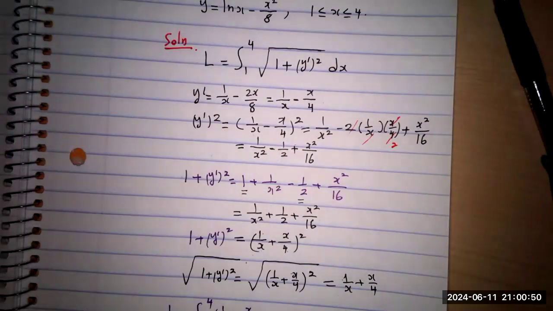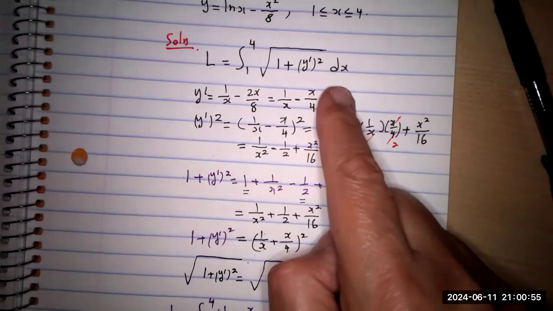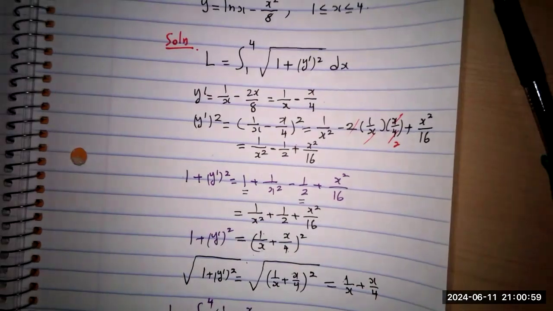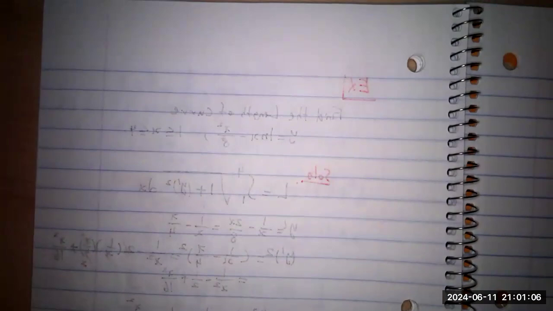If the function is given to you in terms of y, then you have to integrate with respect to y here. So I just give you one note for that. Sometimes it's useful to know each direction. So I give you the remark. If you switch the function, not a big deal.